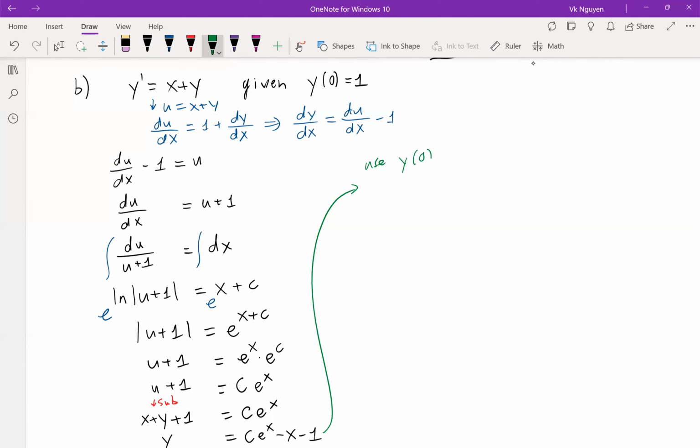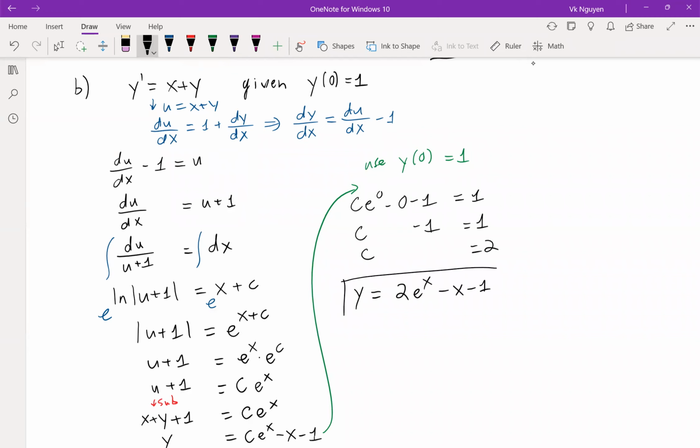Use y of 0 equal 1. When we use y of 0 equal 1, then it's going to be c e^0 minus 1 equal 1. So c minus 1 equal 1, c is equal to 2. And therefore, y is equal to 2e^x minus 1 is the explicit solution, because we can write y in terms of x.